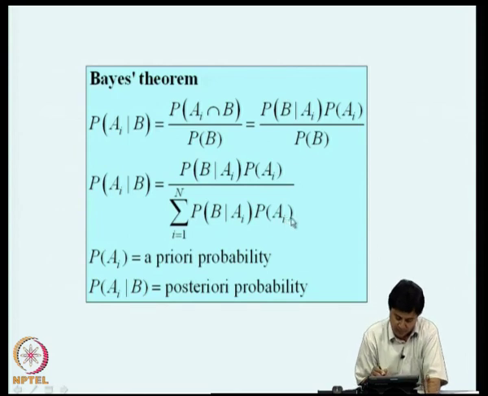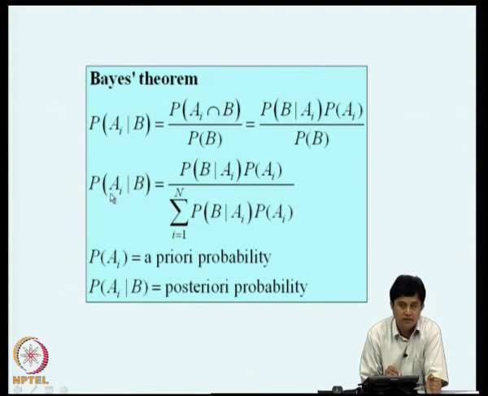Now this statement is known as Bayes' theorem, but what it tells you is that, imagine you are making an observation of event B with a view to characterize the probability of Ai. Before you have made any observations on event B, you would have assigned to event Ai this probability of Ai.